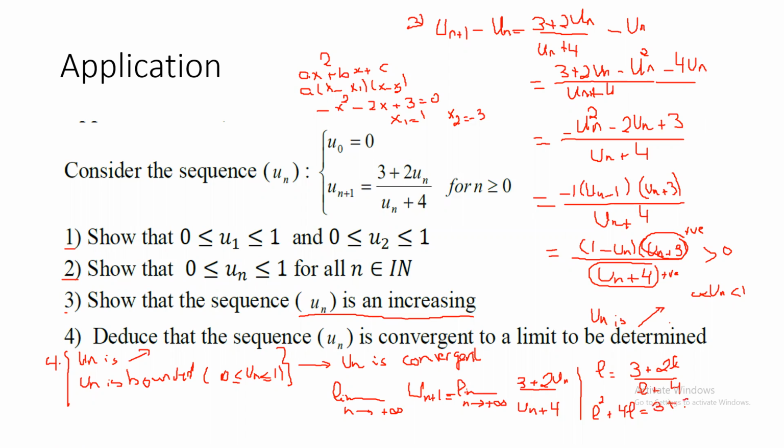Cross multiplying, then L squared plus 2L minus 3 equals 0. By using the calculator or A plus B plus C, we get L equal 1 or L equal minus 3.